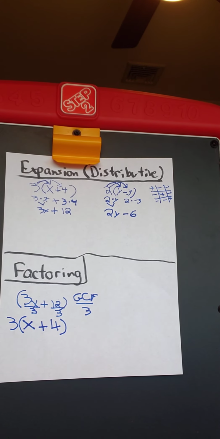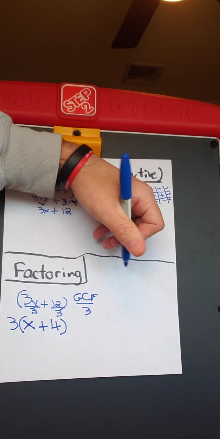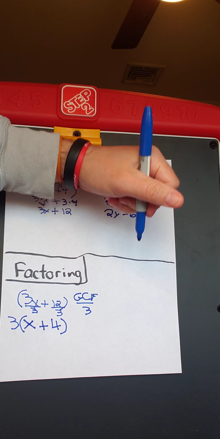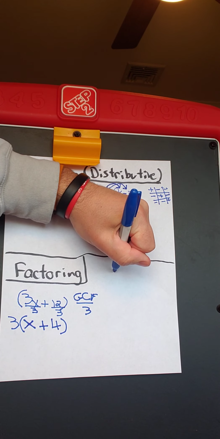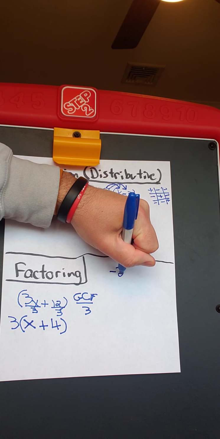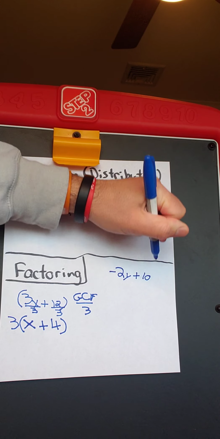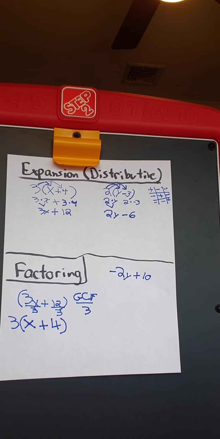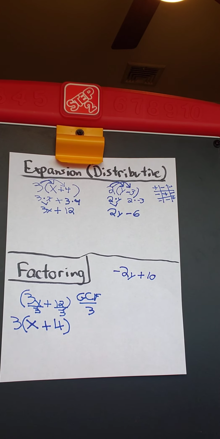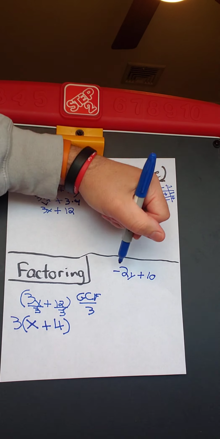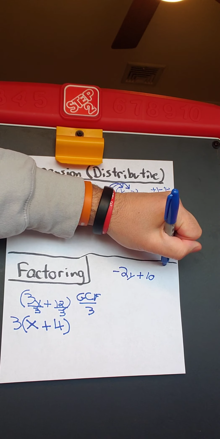Now, the second example is when you want to factor something completely, the first term has to be positive. So let's take negative 2y plus 10. Now, they're both even numbers, so your greatest common factor you could say is 2.